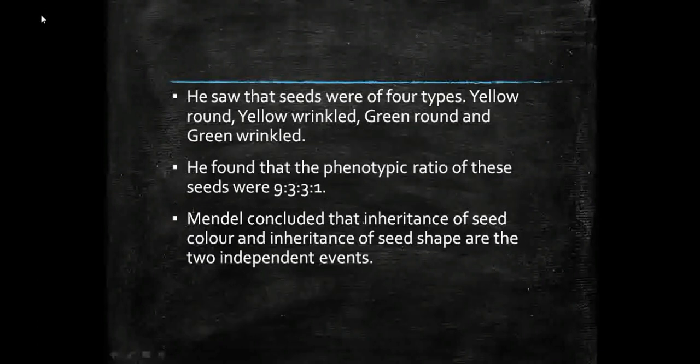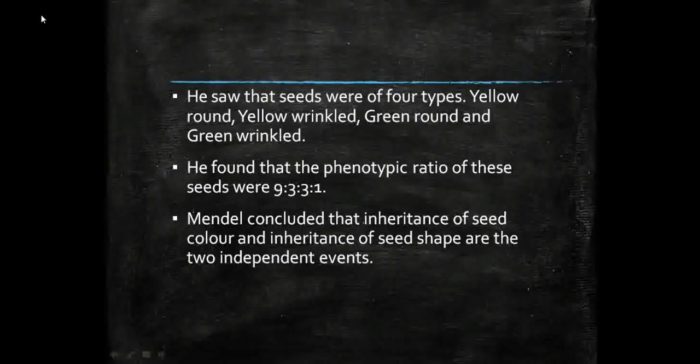He saw that the seeds were of 4 types. In the monohybrid cross there are 2 types of seeds, but in the case of the dihybrid cross he observed 4 kinds of seeds in the F2 generation.